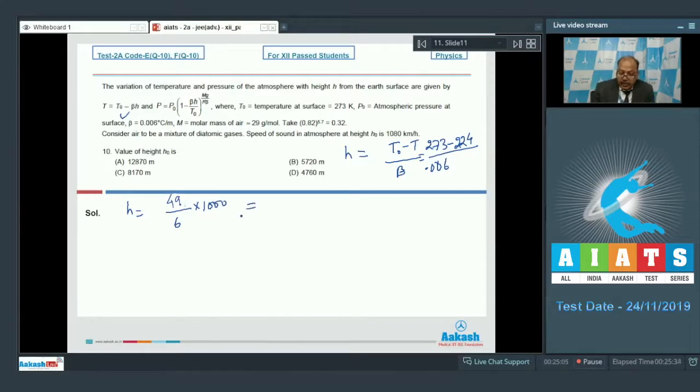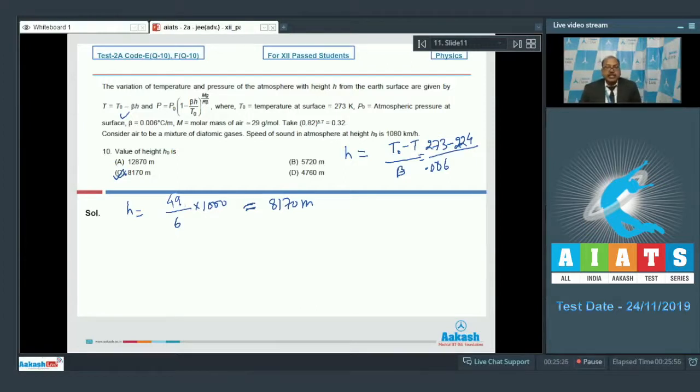This value, after calculating, you will find it's slightly more than 8000. In fact, it is close to 8170 meter, which is matching with option C. So option C is correct for question 10.